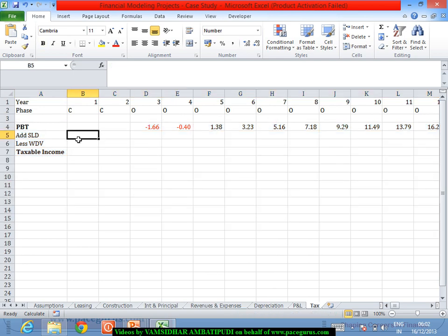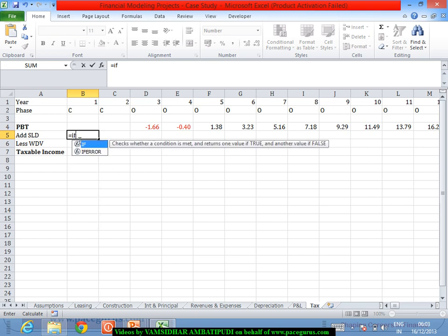I'm adding the straight line depreciation back. So if this is equal to blank, I'm leaving it, or if this is equal to O, then only I'm adding back the straight line depreciation.